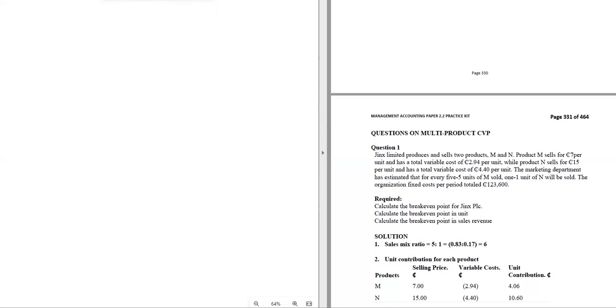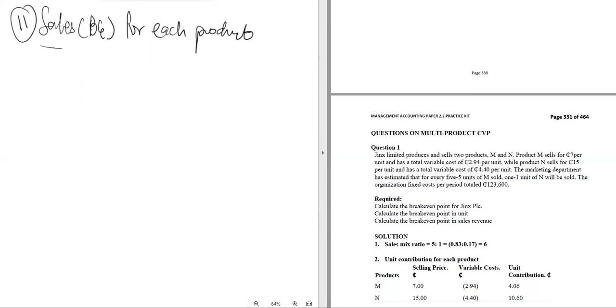So now that I have that, what do I need to do? I need to get the break-even sales revenue for each product, right? How do I get break-even sales for each product? I told you anytime you want it for each product, you must use the sales mix. So if I take M, I'm just going to take our sales mix of 5/6 and weight it according to the 200,000.